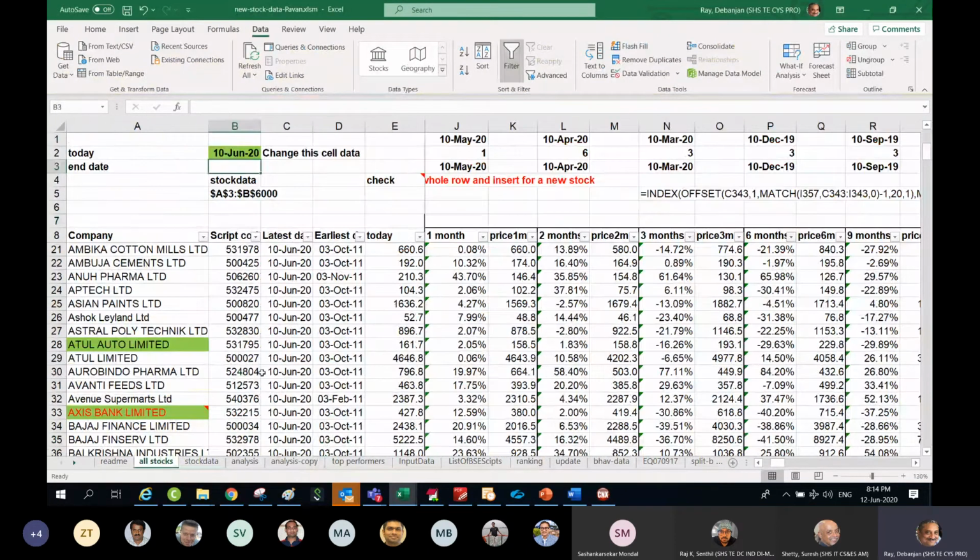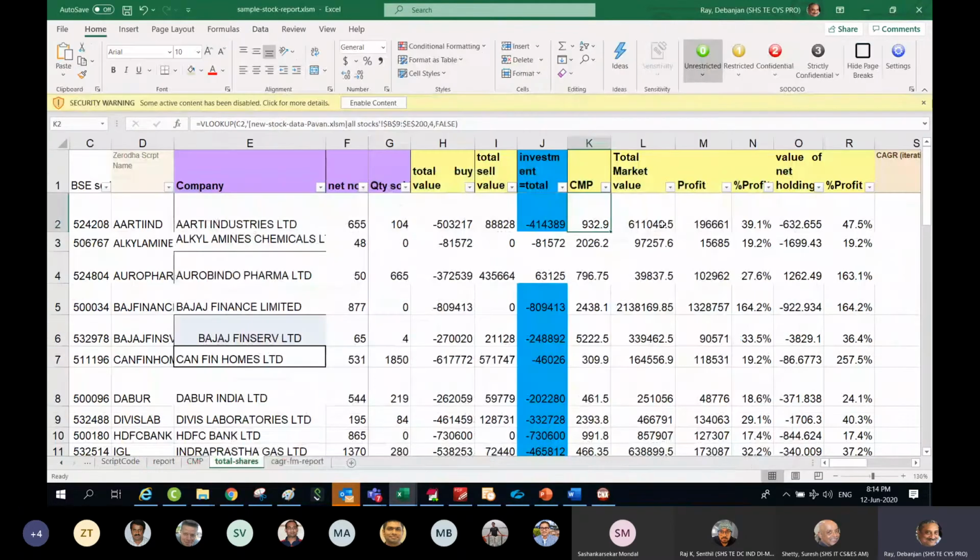It picks up for every stock the price of today and puts it here, and then the total market value, how much profit I have made, and the profit percentage, that means today's value minus the invested value divided by the invested value.